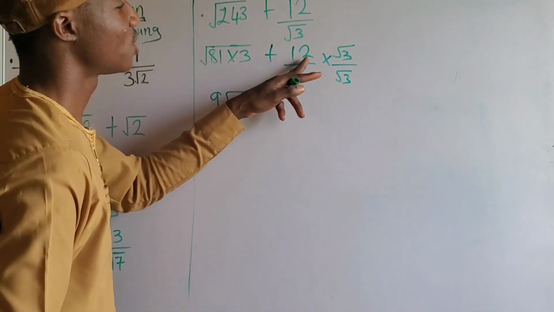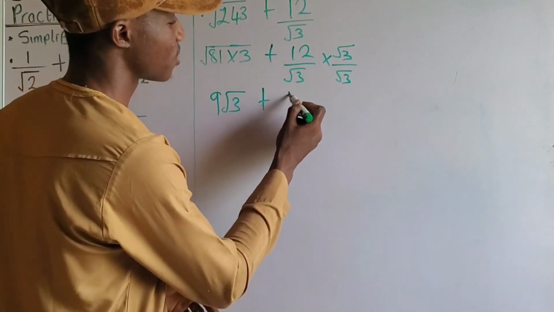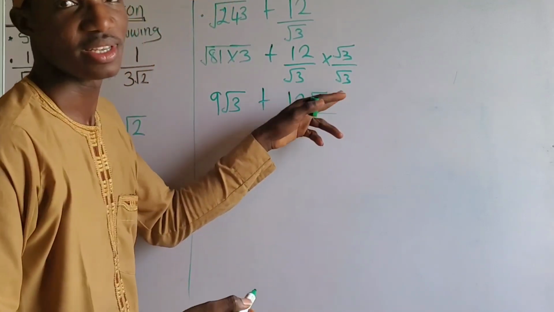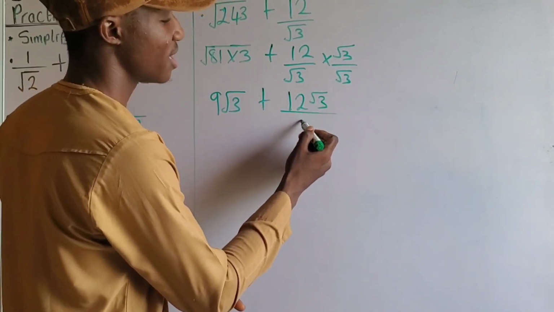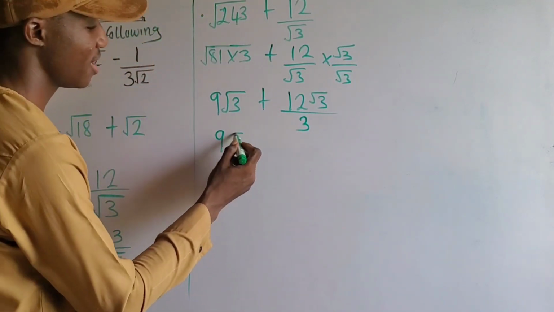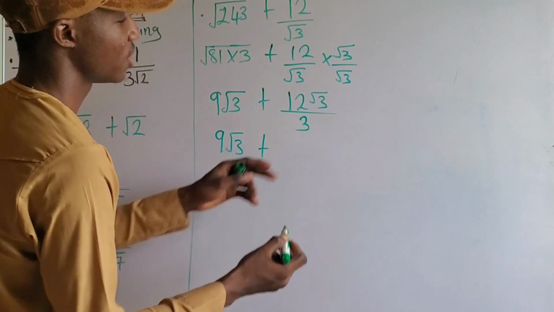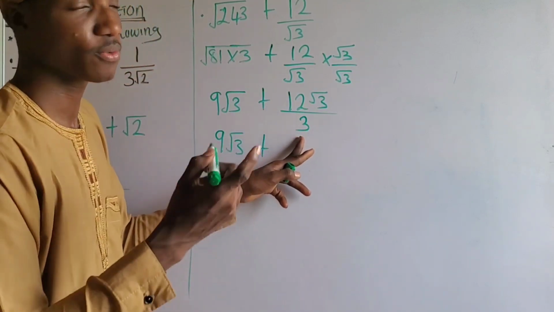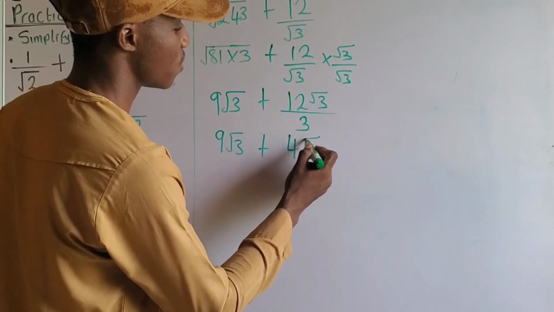Plus, 12 times root 3, that is 12 root 3. And then root 3 times root 3 will give us root 9. Square root of 9 is what? 3. Do you understand? So I'm going to have 9 root 3 plus, now 12 divided by 3 will give us what? 4. I'm going to have 4 root 3.